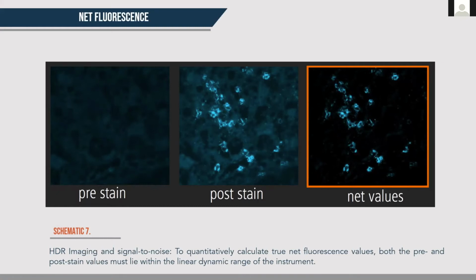And if we want to do this process in a quantitative manner, it's really critical that both the pre-stain fluorescence and the post-stain fluorescence intensity lie within the linear dynamic range of the detector, in this case the camera.